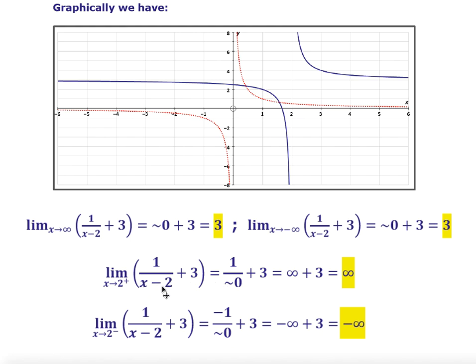So this is approximately 0 down here because the difference is so tiny. And it divides into a fixed number like 1, really an infinite number of times. And infinity plus 3 is basically infinity. So that's why the graph, as you get closer and closer and closer to 2 here, from 2's right, this blue graph is exploding towards positive infinity.